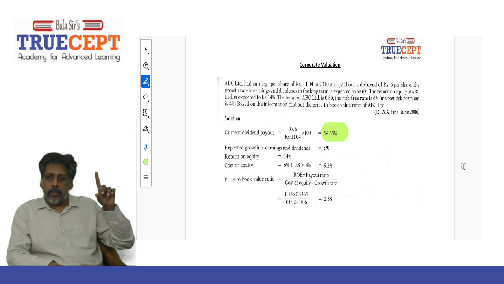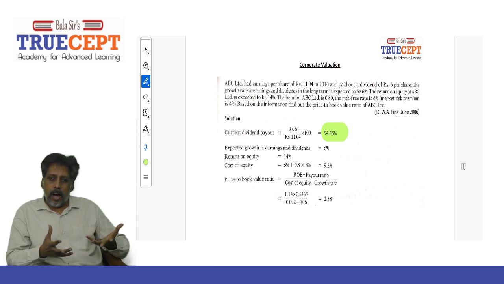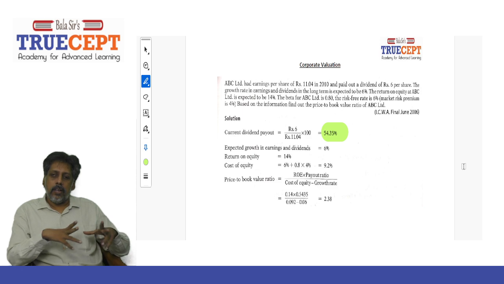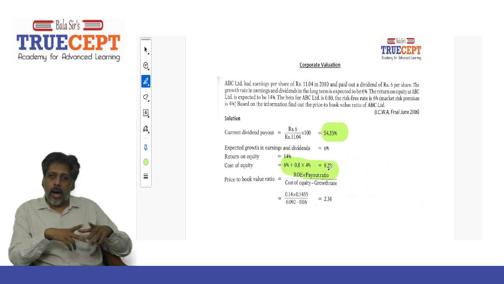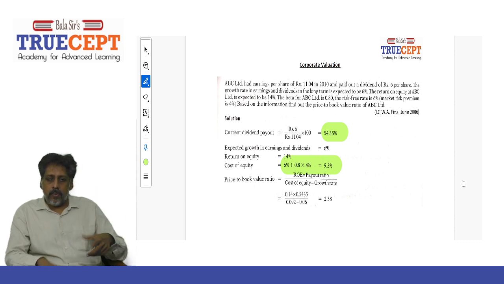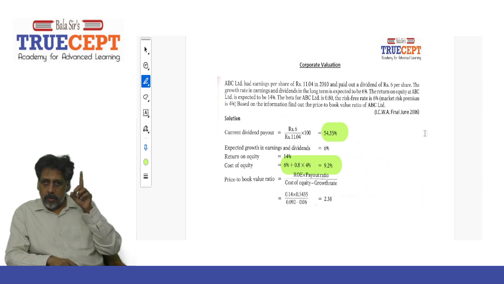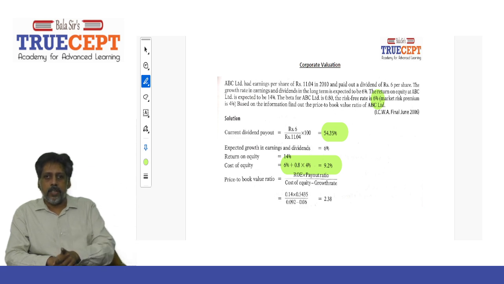The CAPM equation: cost of equity equals RF plus beta of that share into RM minus RF, which is given, the market risk premium. Now what is RF? 6%. It's a coincidence, guys. Growth rate 6%, even RF is 6%.